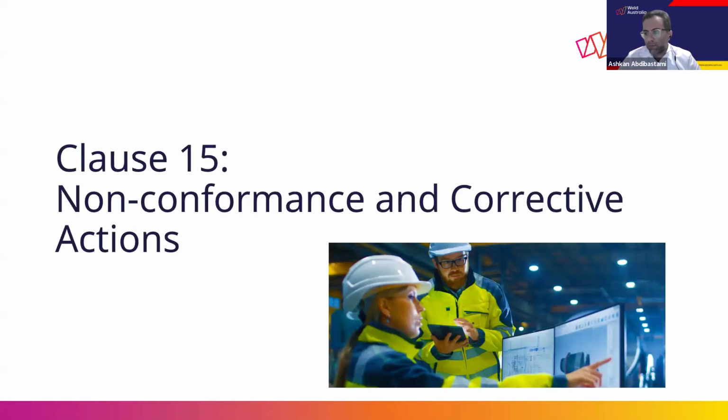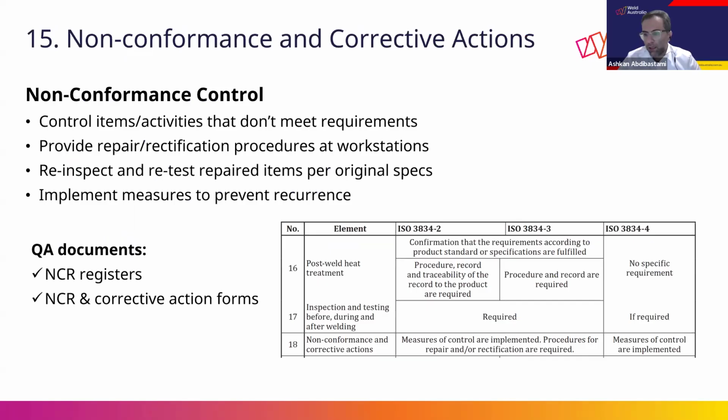Clause 15, non-conformance and corrective actions. Non-conformance control involves managing items or activities that don't meet requirements. Repair and rectification procedures must be available at workstations, and repaired items should be re-inspected and retested according to original specifications.